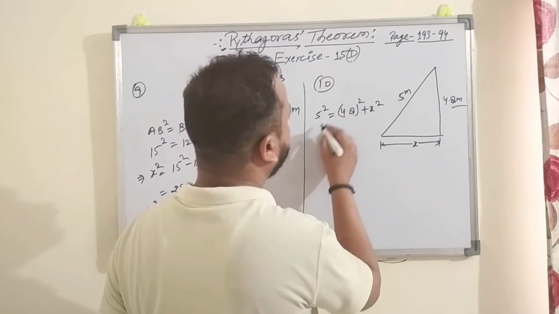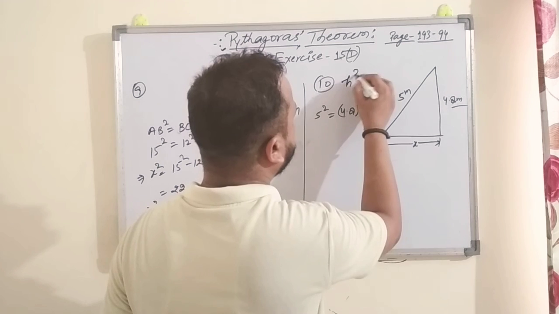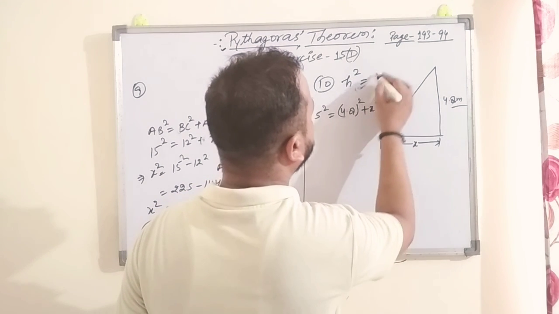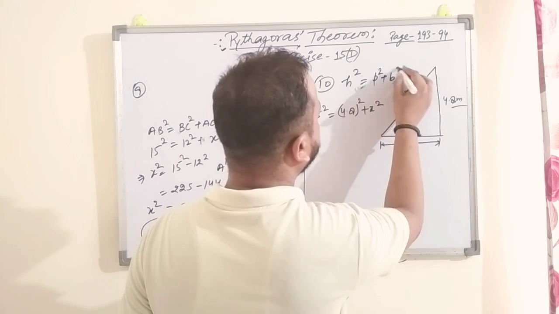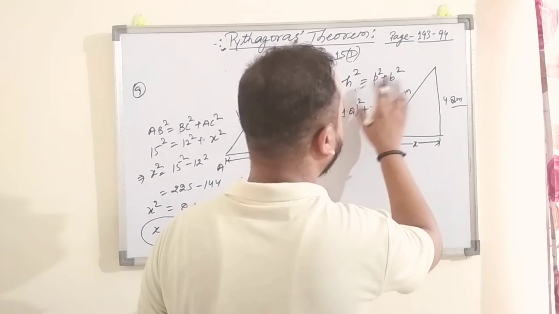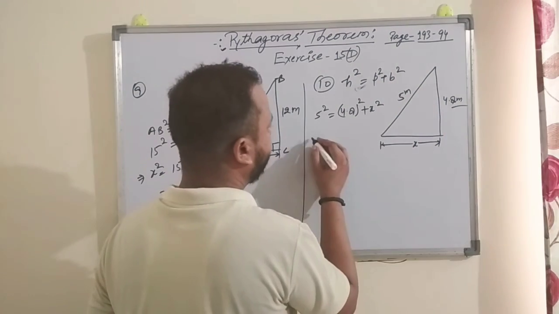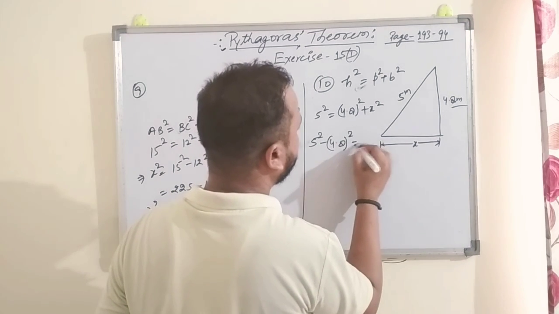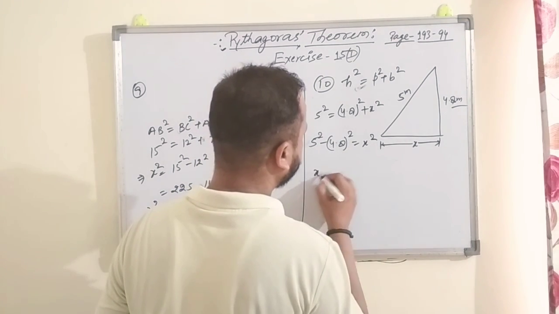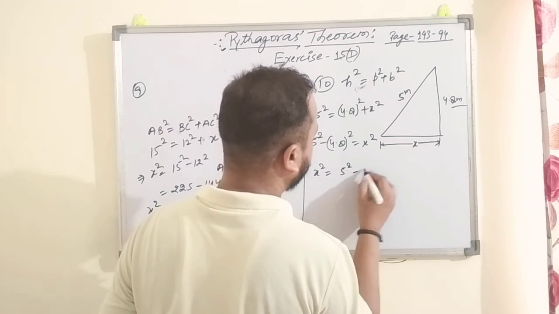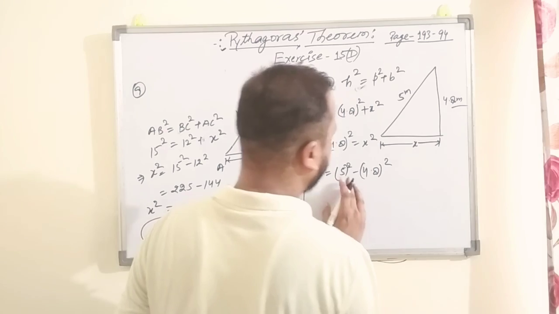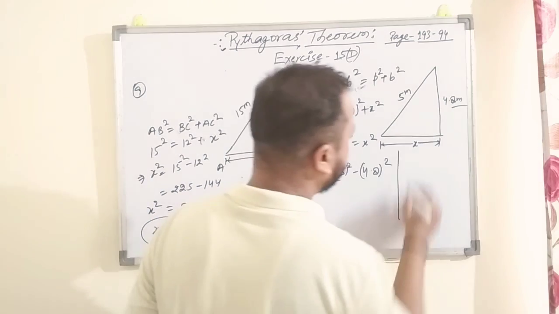I'm writing it in short form: H square is equal to P square plus B square, that is hypotenuse, perpendicular and base. So 5 square minus 4.8 square is equal to x square. You know that this is in the form of a square minus b square.